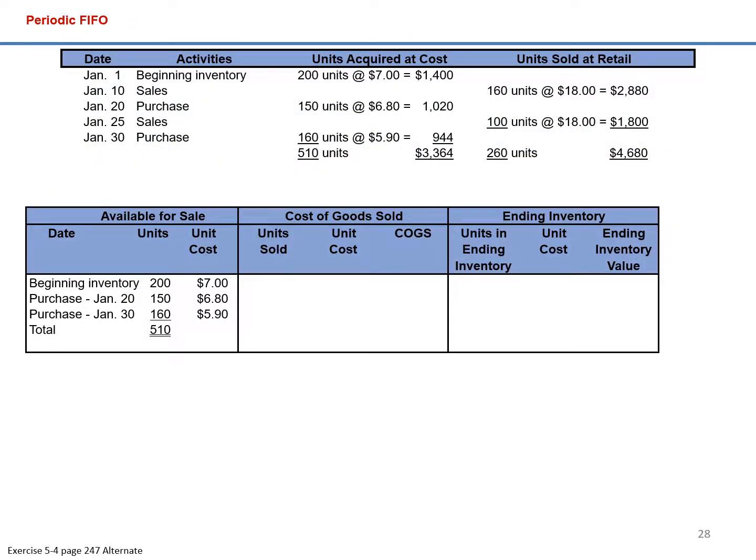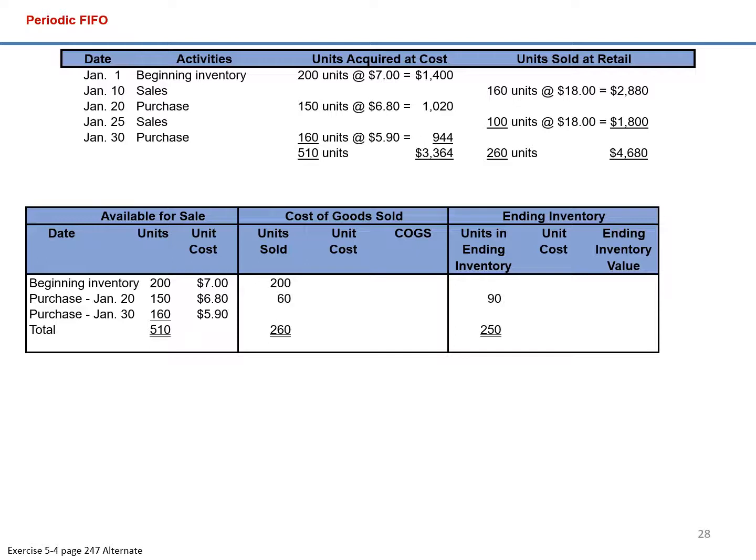All right, under periodic FIFO, we're going to sell our oldest units or first purchased units first. So we know that we've sold 260 units. So that means we're going to sell all of our 200 units out of our beginning inventory. We need another 60 to get to 260, so we're going to sell 60 units of our 150.